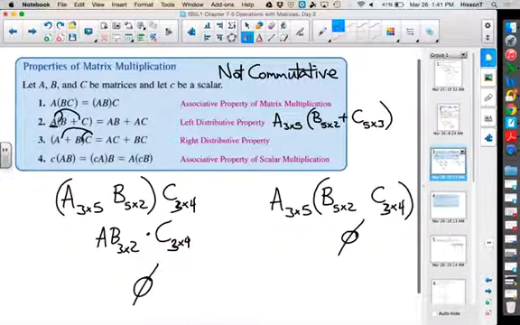You can't add these together because they're not the same dimensions, but if you distributed the A to both of them, 5 and 5, 5 and 5, you could actually do the multiplication. But after the distribution, we still cannot put them together into one matrix. Your solution would just be 2 matrices added together.